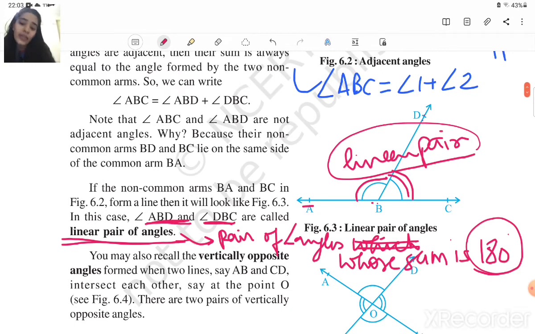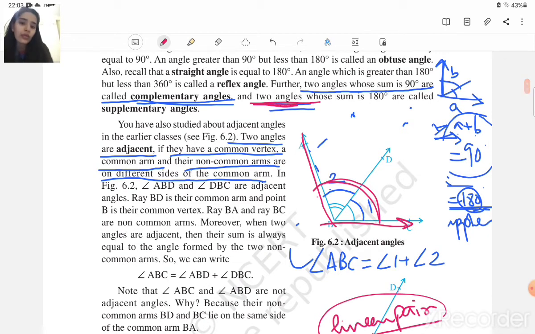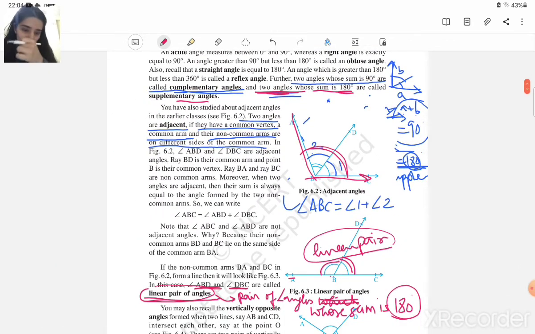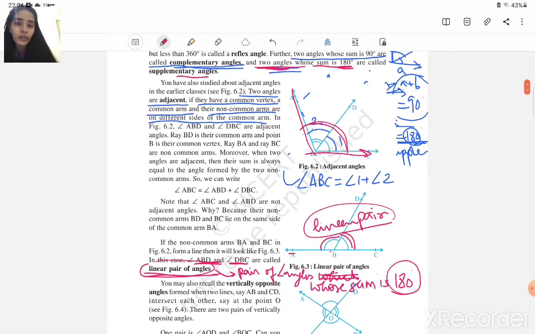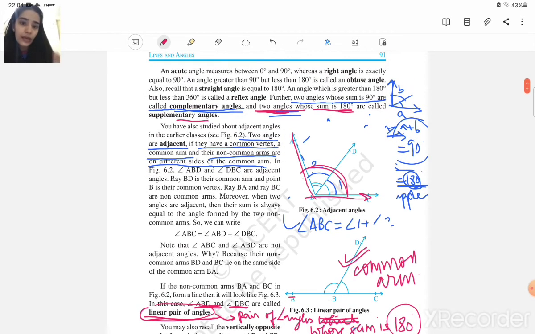Now you might get confused about why we are saying these angles are a linear pair, when above we said that two angles whose sum is 180 are known as supplementary angles. One most important condition is that for a linear pair, the common arm is important, whereas for supplementary angles, the common arm is not required.